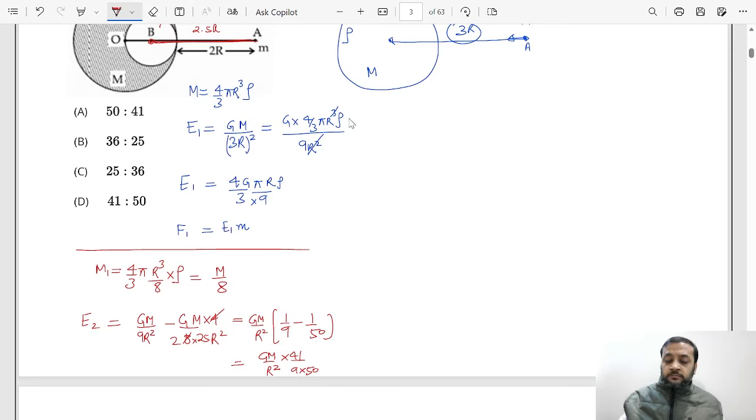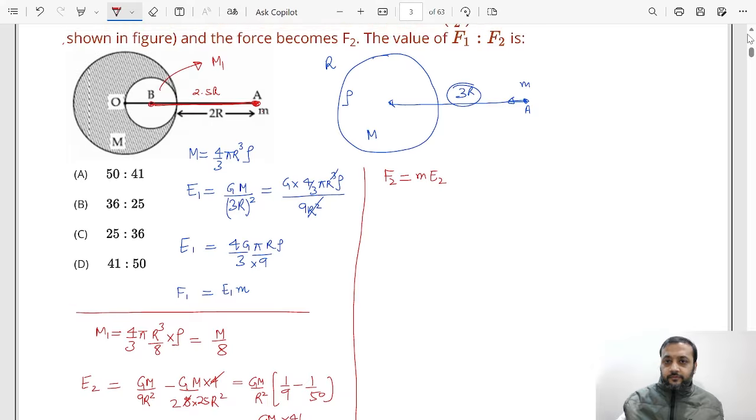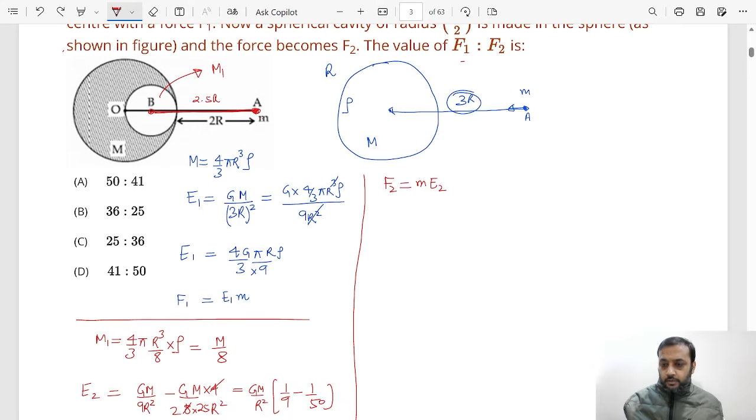Now basically the net force in this position, the value of F2, will be m into E2. So we have to find the ratio of F1 to F2.